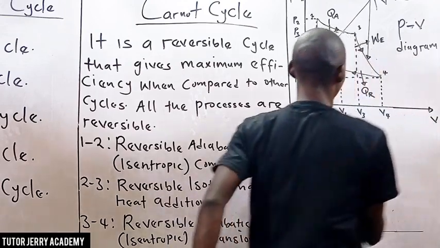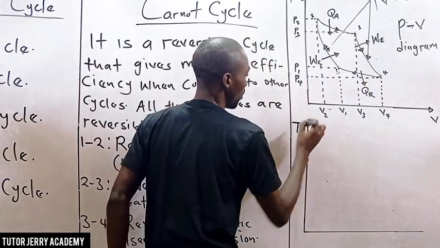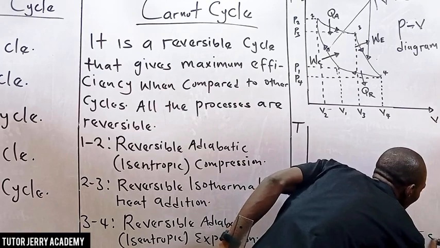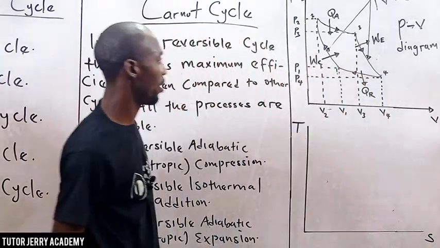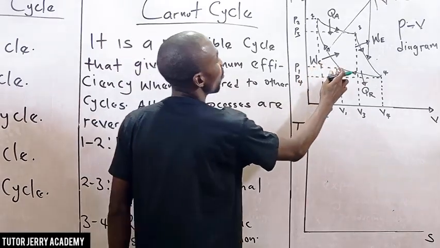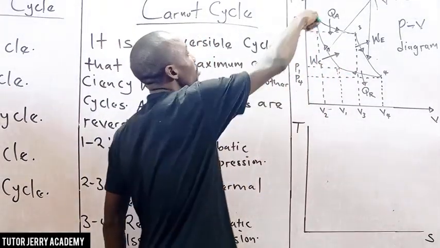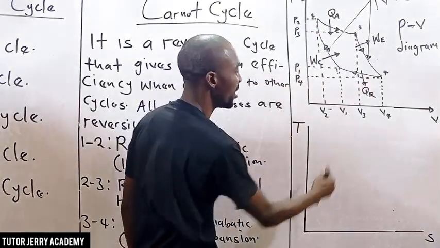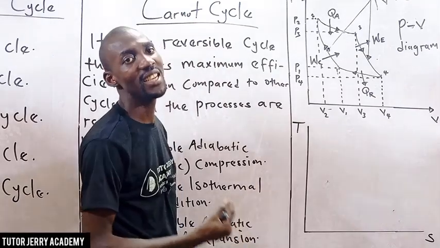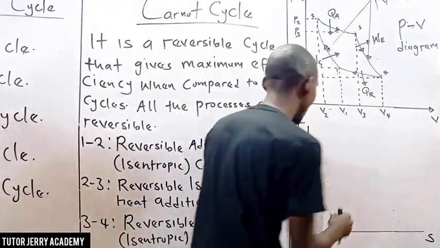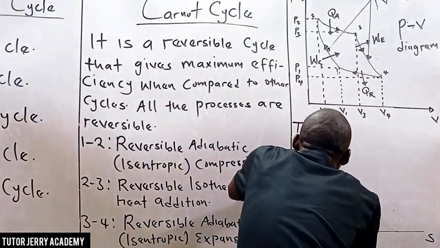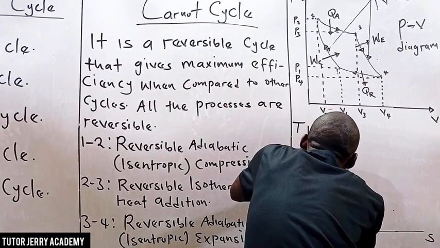So now, this is our T, that is temperature-entropy diagram. All right, so now, here from process 1 to 2, we are having a curve. So every curve on our PV diagram will be a straight line on our TS diagram. So now let's start. I'm going to have a straight line here.